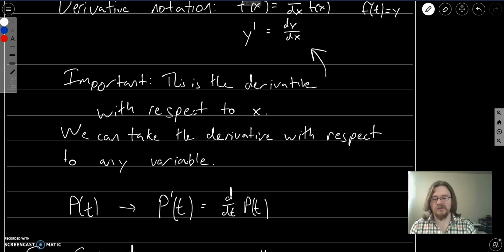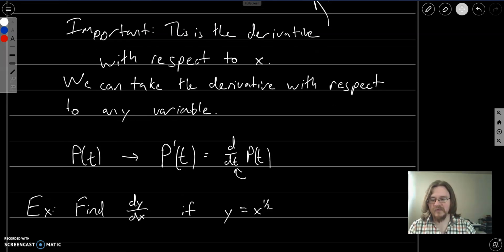If I take its derivative, I would have p prime, and I would write d by dt of p of t. So the variable on the bottom is what we're taking the derivative with respect to. Here I'm taking the derivative with respect to t. Up here I'm taking the derivative with respect to x. But in any way, it works exactly the same as you would expect.